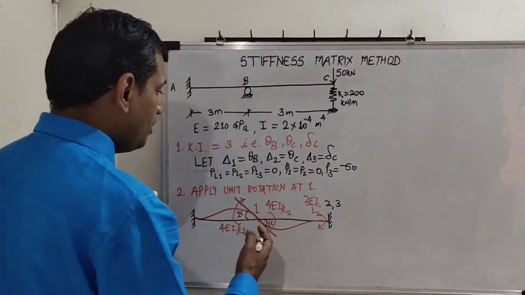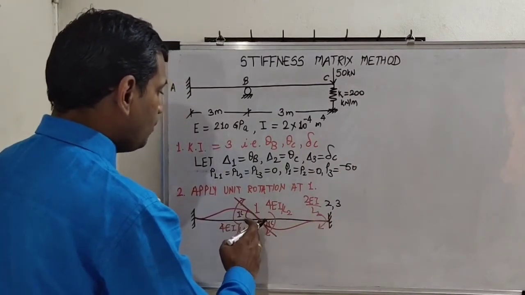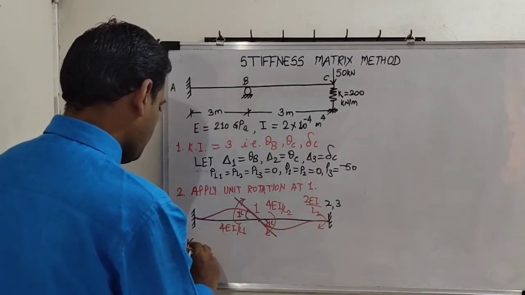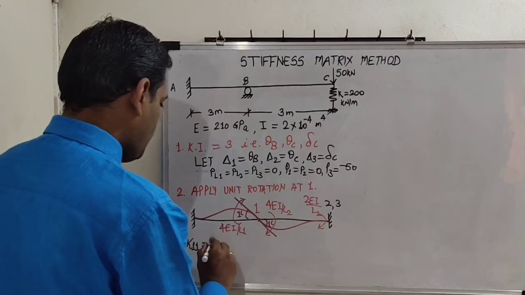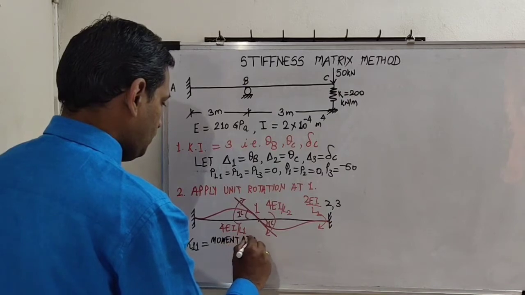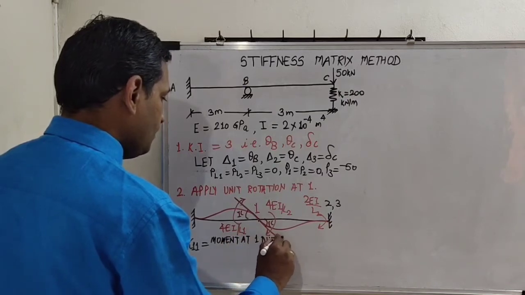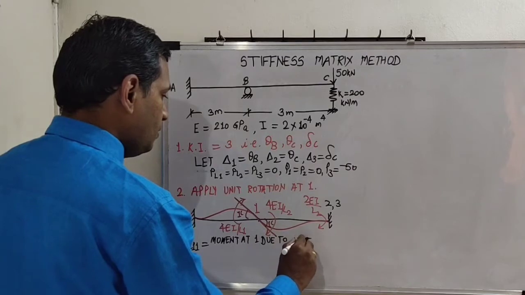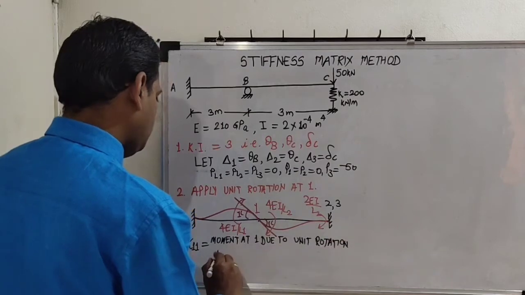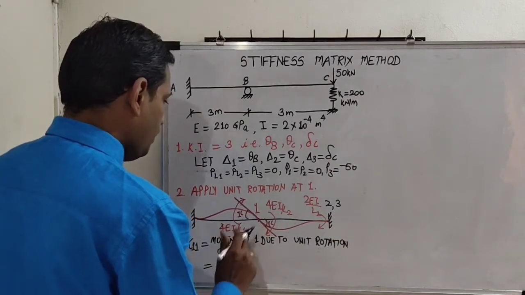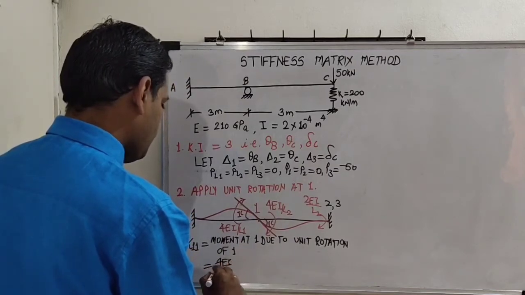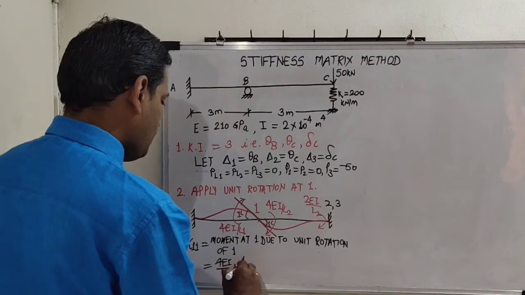So we will find out what the stiffness values are because of unit rotation of 1 on all 3 locations. So K11. What is the moment at 1 due to unit rotation of 1? The value is 4EI by L1 plus 4EI by L2.